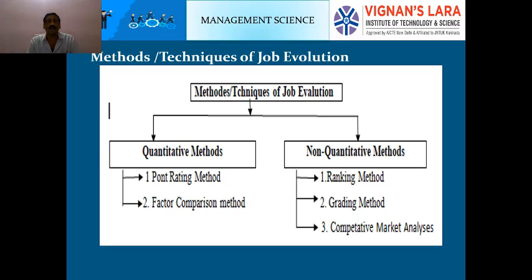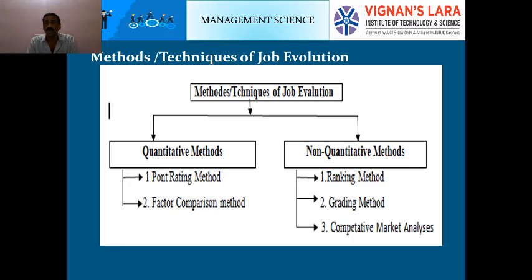Basically, the methods are divided into quantitative methods and non-quantitative methods. Quantitative methods are on the left side, non-quantitative methods on the right side. Further divided, quantitative methods are two. First method is point rating method. Second method is factor comparison method.